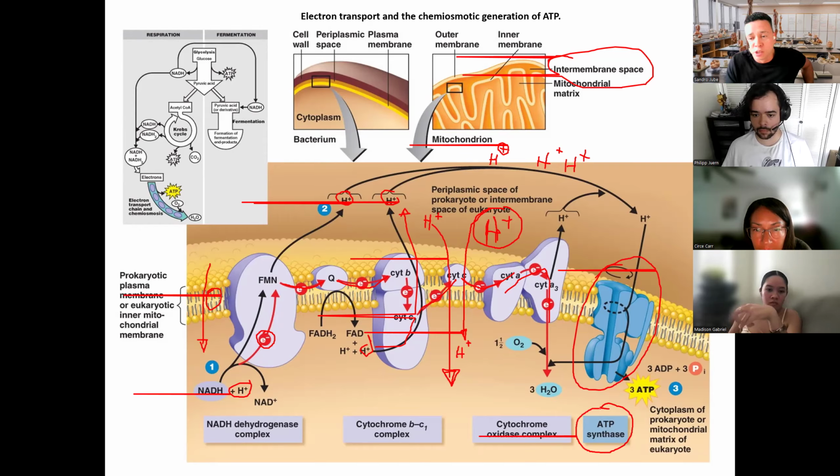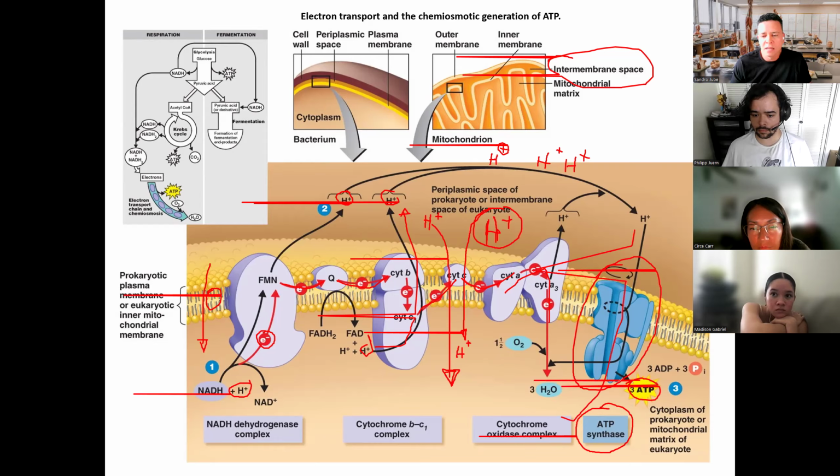Now, ATPases not only let hydrogen ions move across, they transport hydrogen ions, but every time a hydrogen ion moves across, it gives energy to the ATPase to synthesize ATP. Another hydrogen ion moves across, another ATP is going to be synthesized.